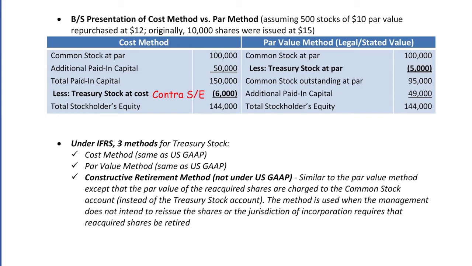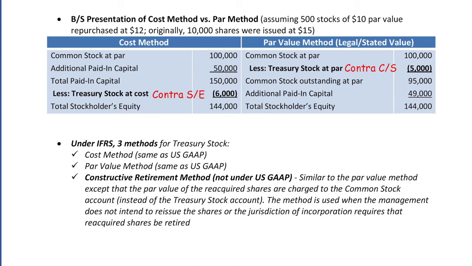Whereas under the par value method, where you have common stock at par, that is where you do less treasury stock at par. So this number acts as, right, contra common stock. But under both the methods, the total stockholders' equity number remains the same. So in this example, it's $144,000 in each case.